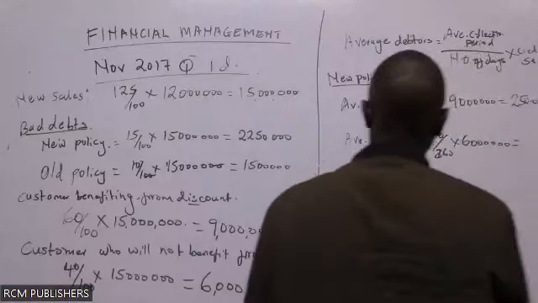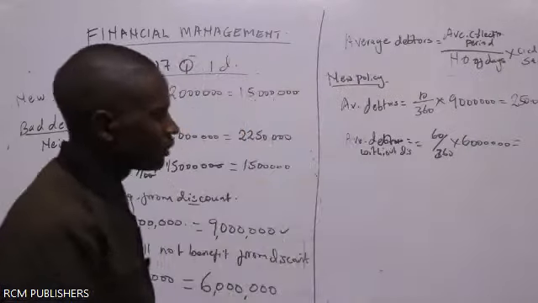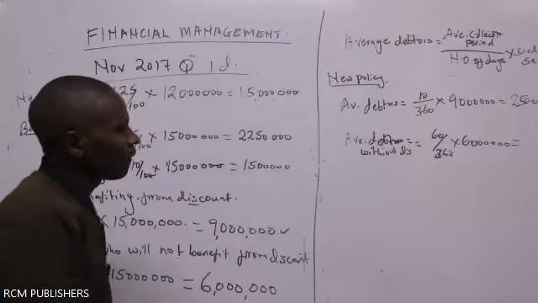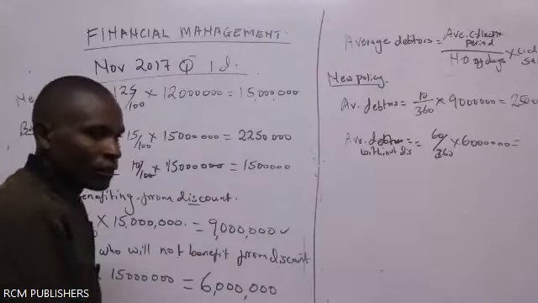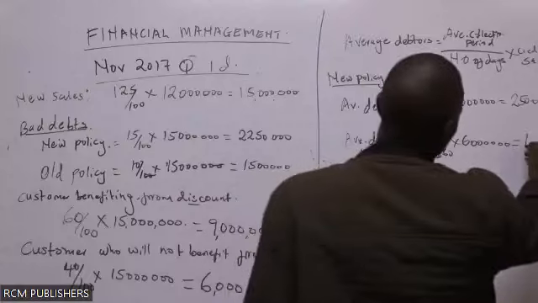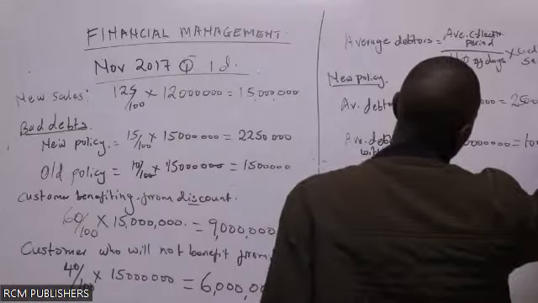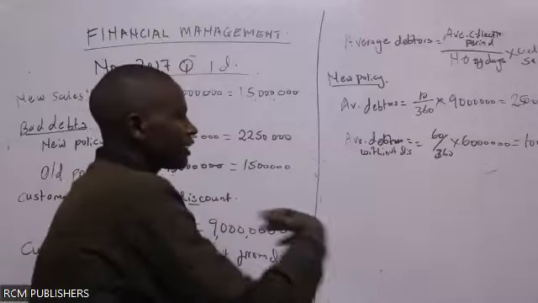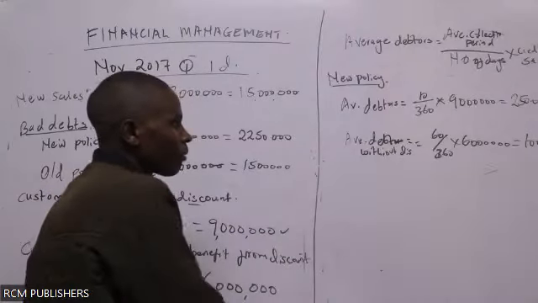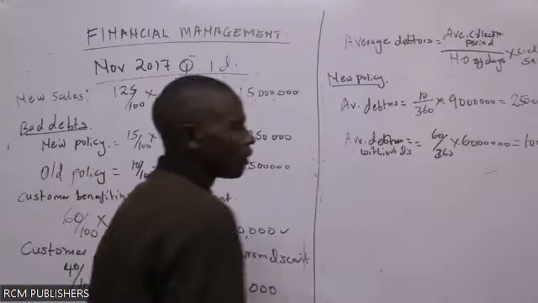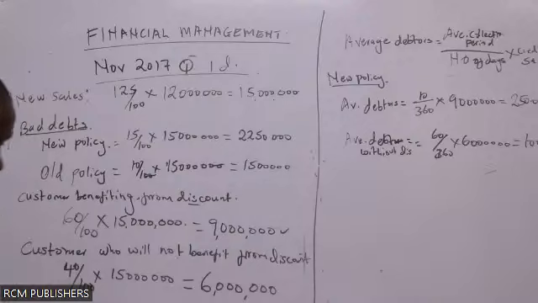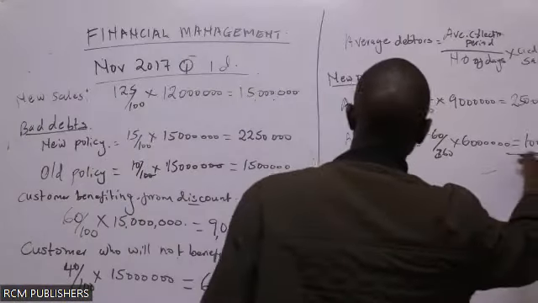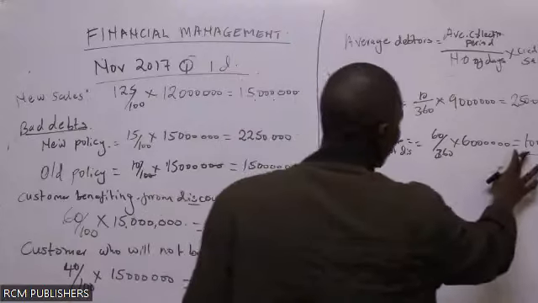Then the other one will be how much? In 360, 1 million. So what will be the total average data? Regardless of whether they get the discount or not, what will the total average data be under the new policy?